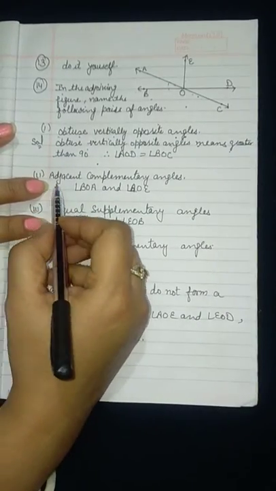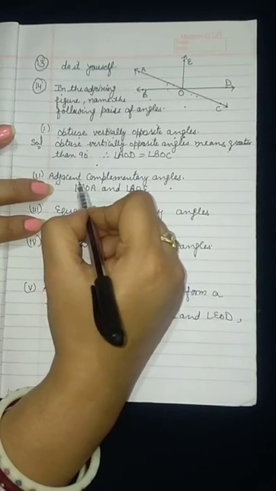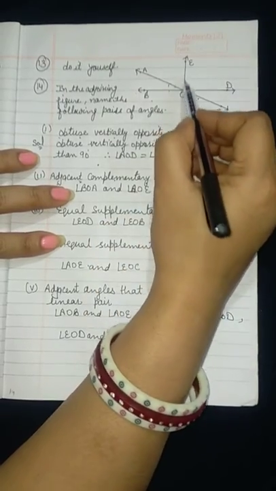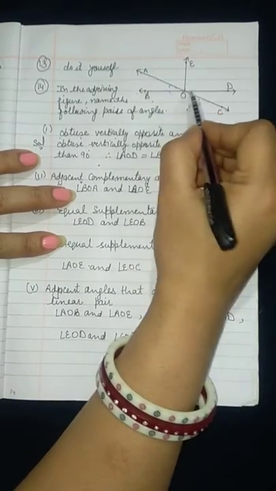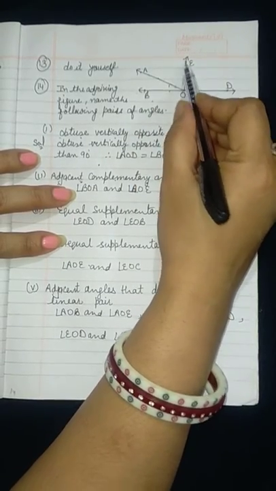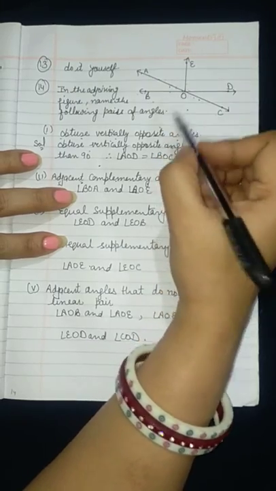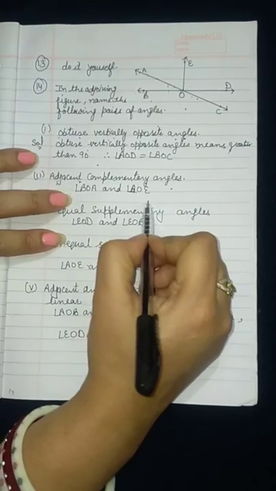Then the second part is adjacent complementary angles, meaning both angles must be adjacent and both must be complementary. Now see here, this one is forming a right angle, meaning 90 degrees. BOA and AOE are both forming complementary angles, and they are adjacent angles also. So BOA and AOE are complementary adjacent angles.